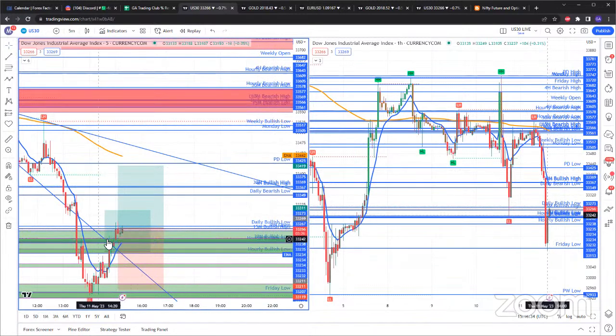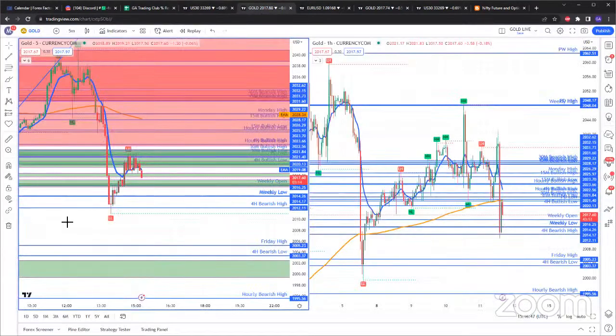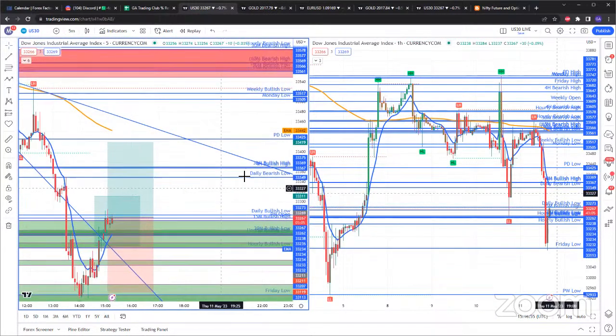Right now, I'm comfortable with this buy because we are around green zones and we are also around daily bullish lows, hourly bullish lows. But if we had this buy right here and we had nothing but supply zones right here, to be honest, it wouldn't be a good trade. So that's what I mean by higher time frame zones overriding the 5-minute.